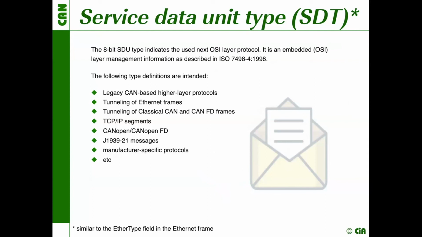We are currently producing the specification on how to tunnel Ethernet frames and identify them. Of course, classical CAN FD frames. We can also do TCP/IP segments, and on the future topic list, not being done right now, is how to channel CANopen FD, J1939, or maybe other protocols as well.